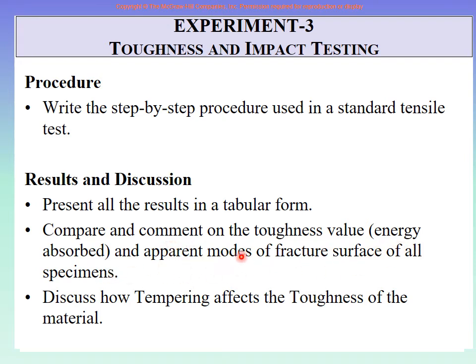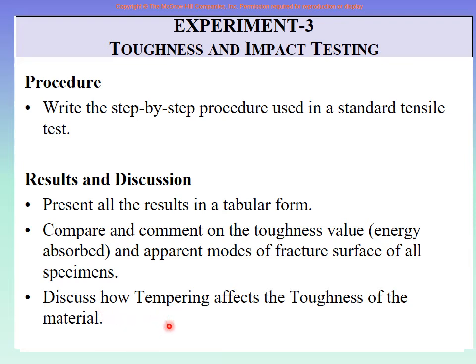If the pictures are not available, then again, you go to the internet and search, if I have a steel which has been tempered at 200, tempered at 300, tempered at 400, then how does the fracture surface look? So if you can download that very quickly, you are 4 to 5 people in each group, it is not a big issue, then you can compare the fracture surfaces.